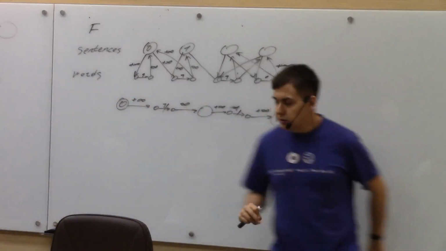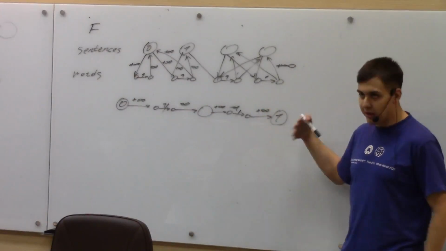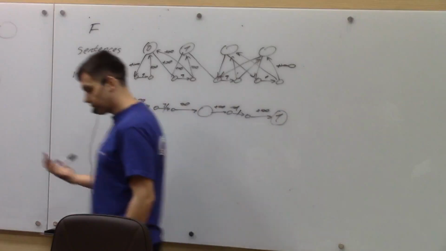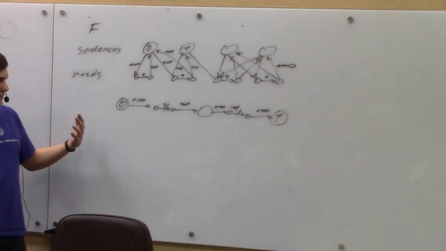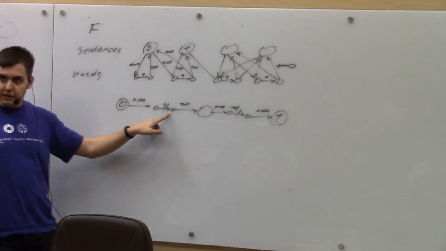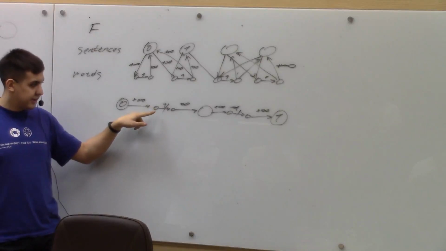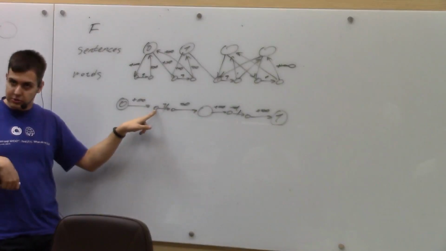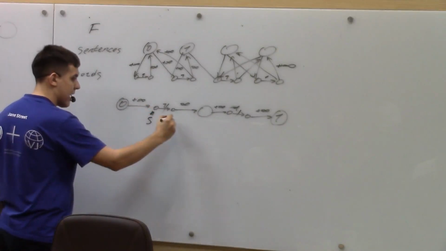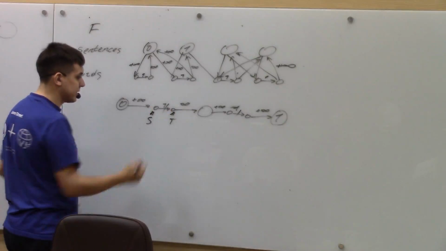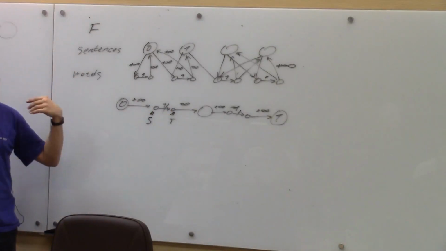And those edges that are cut will be vertices that belong to both languages, right? So if this edge is cut, then the first part will belong to English, the set S, and the second part will belong to set T. And we need to cut the minimum number of such edges.